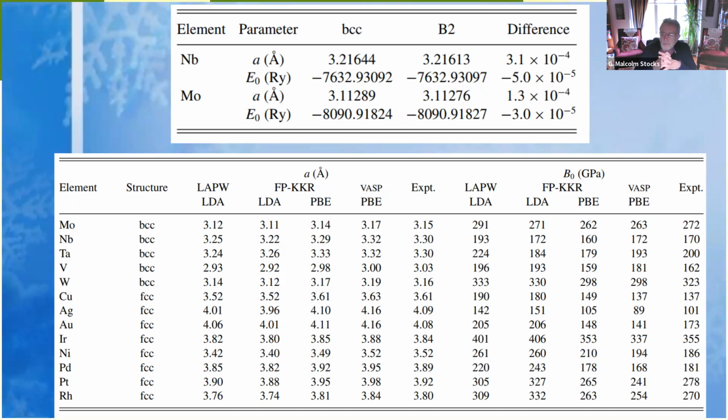If the elements are from the same column, then you've got one thing, and if they're from different columns, you've got something else, where the relaxations can be larger and the effects can be larger.